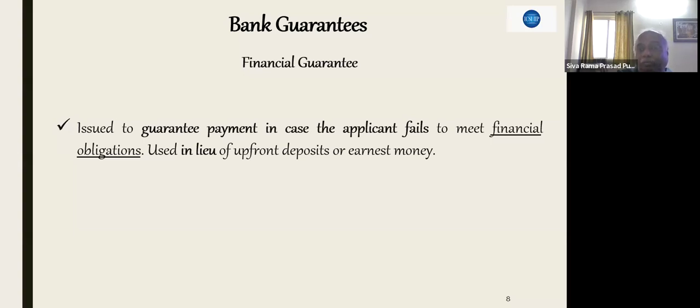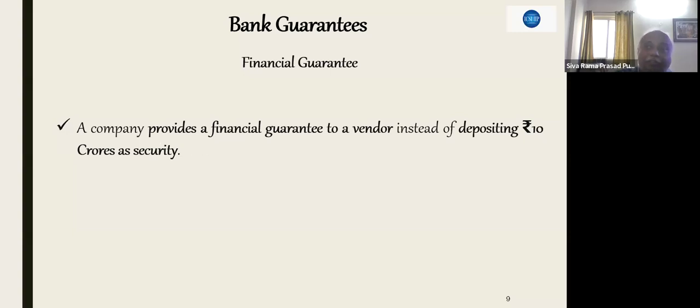So, issued to guarantee payment in case the applicant fails to meet the financial obligation, used in lieu of upfront deposits or earnest money. A company provides financial guarantee to a vendor instead of depositing 10 crores as a security. Today, amount is not the criteria.